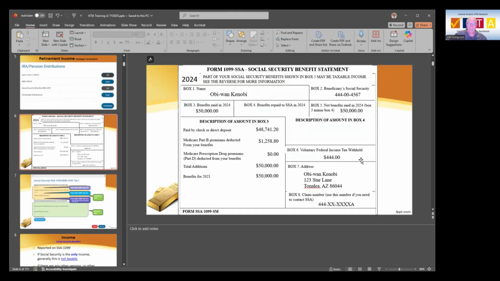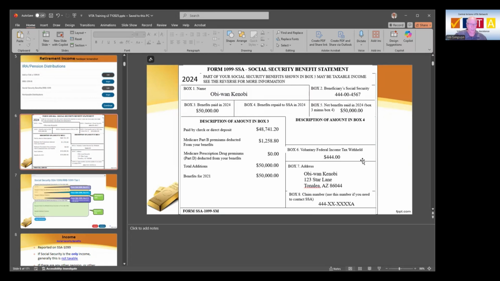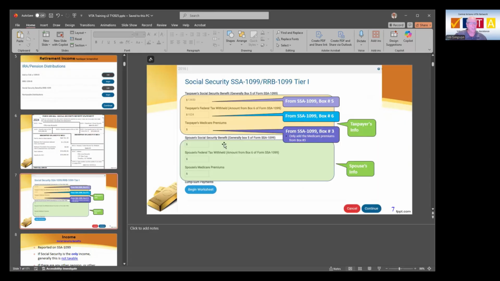Now we don't often see withholding tax, but occasionally you do, and it's easily missed. So be sure that we don't miss that. Okay. And then down here, it'll say taxpayer's Medicare premiums. Add those two together if there are two, and put it in here. The only thing that happens here is if they do itemized deductions, TaxSlayer will count this as a medical expense for them.